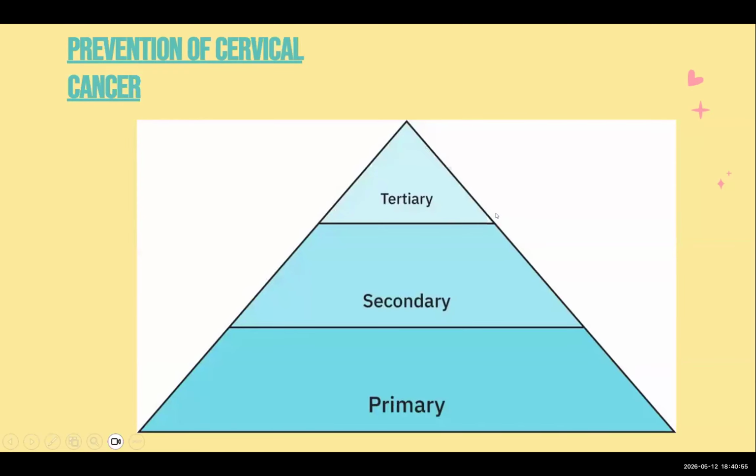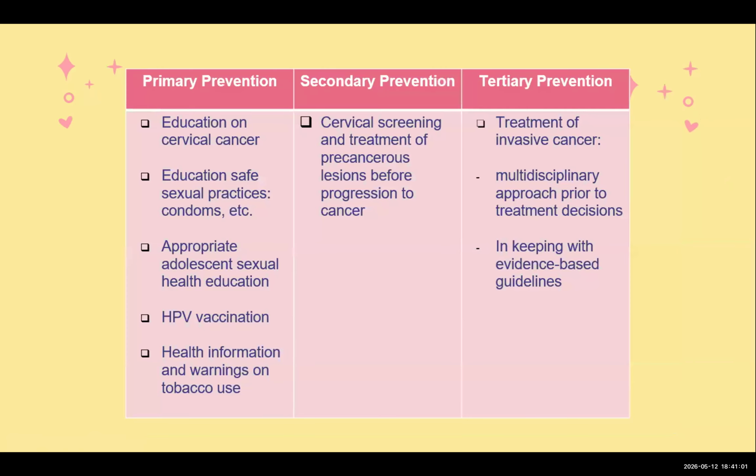So with this picture, it shows you have to have a strong base, and that involves primary prevention, and this includes education on cervical cancer to the population, education on safe sexual practices, appropriate adolescent sexual health education, HPV vaccination, and health information and warnings on tobacco use.